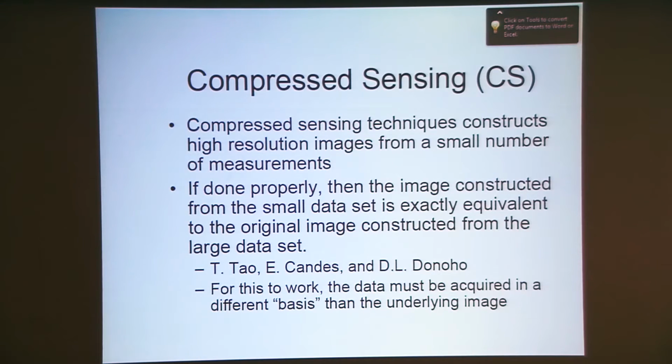Here we go. Compressed sensing. Compressed sensing techniques construct high-resolution images from a small number of measurements. If you do it right, then you only need a small data set and you get the exact answer. That's a lot to ask if you have noise and stuff, so generally you get close to it.